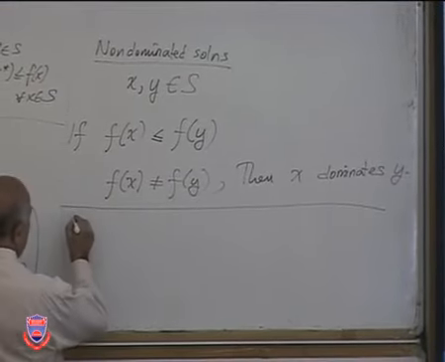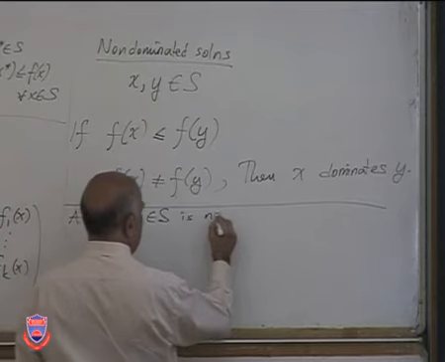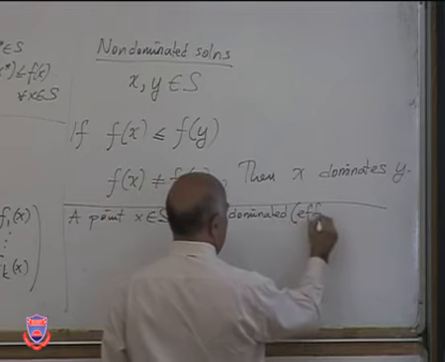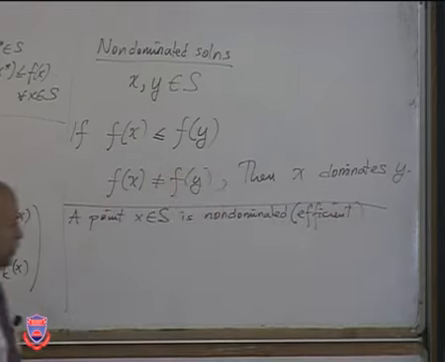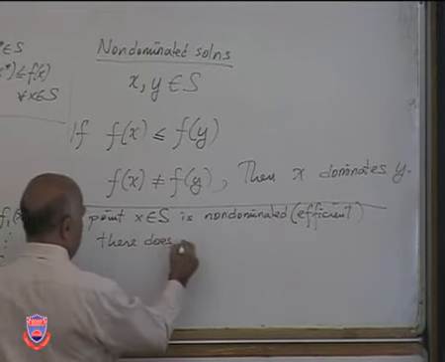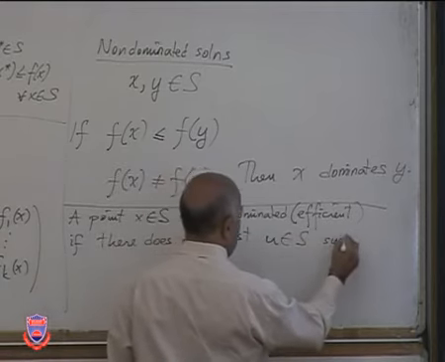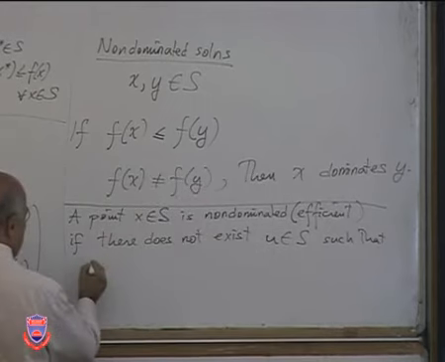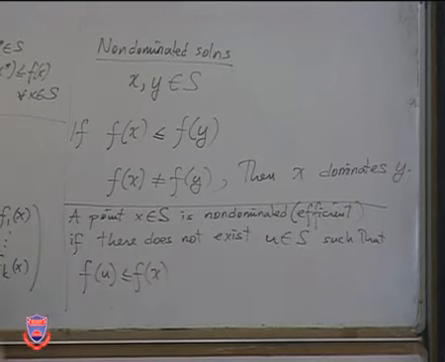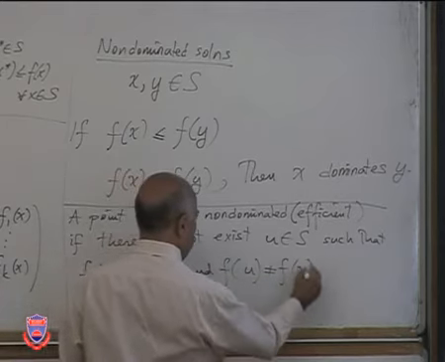So a point x in S is non-dominated, some people call it efficient or Pareto optimal, if there does not exist u in S such that f of u is at least as good as f of x and strictly better in at least one component.